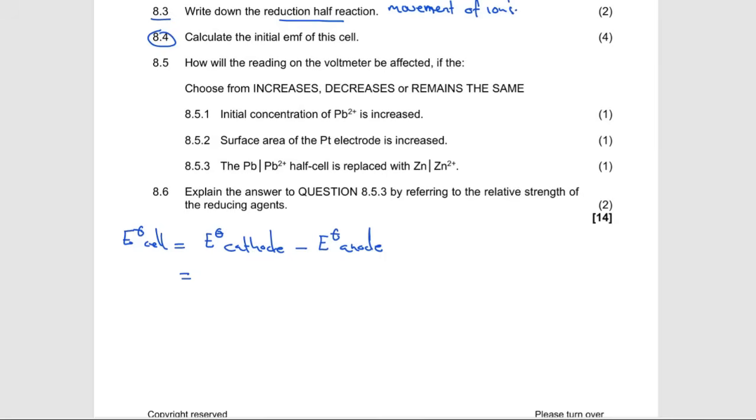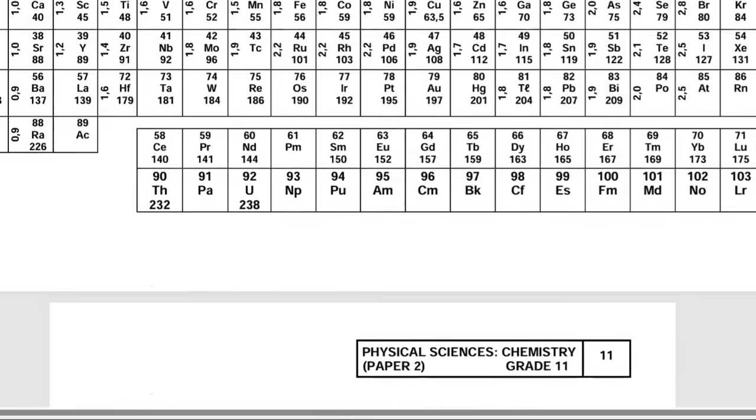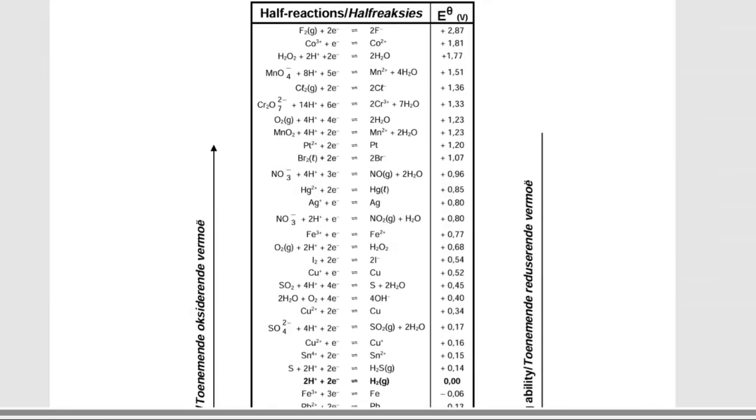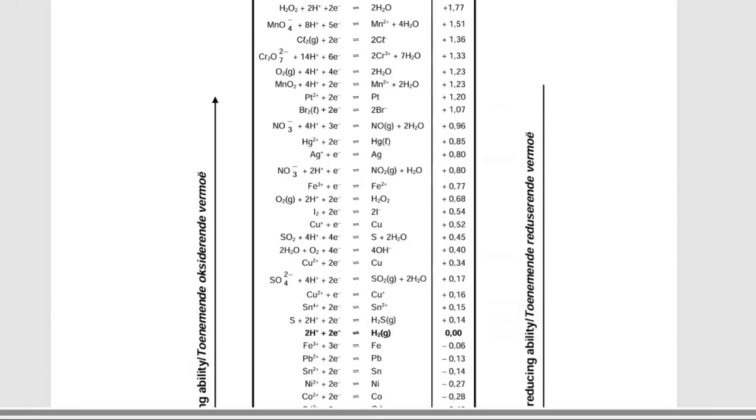So now let's look at our values there. I'm going to employ the reduction table to check our values. For iron, Fe, the value is 0.77, right? So we have a positive 0.77.